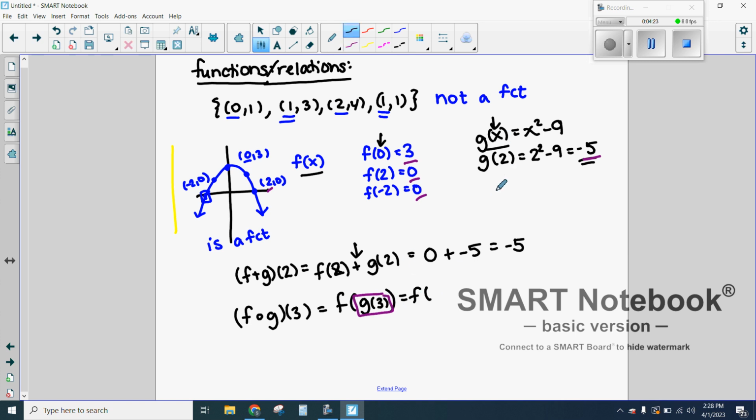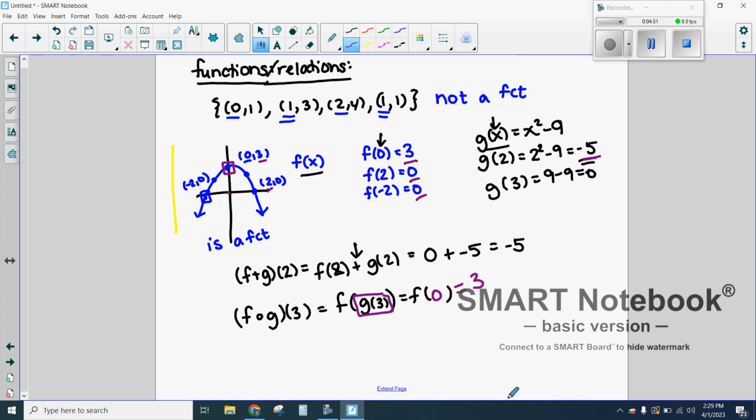If I plug 3 into g, I get 9 minus 9, which is 0. And this says now the 0 is going to go into f. And so I come back here to my picture. Here's x equals 0. I go up until I find the y value. So f of 0 is equal to 3.